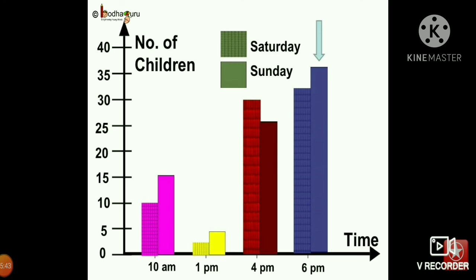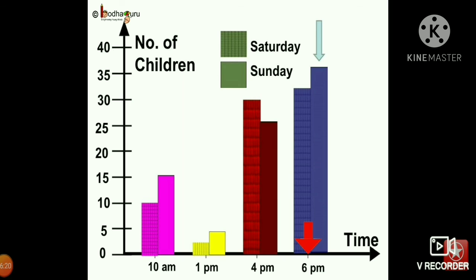See here, Sunday at 6 p.m. 35 students came to the park. And on which day did fewer students come to the park, with the timings? Can you tell this? Exactly, you can tell by looking at the bar graph. By looking at the bar graph, you can just say the answers for any of the questions.